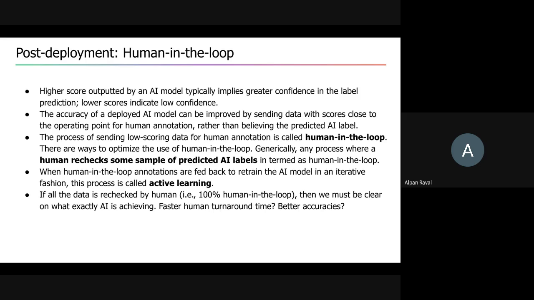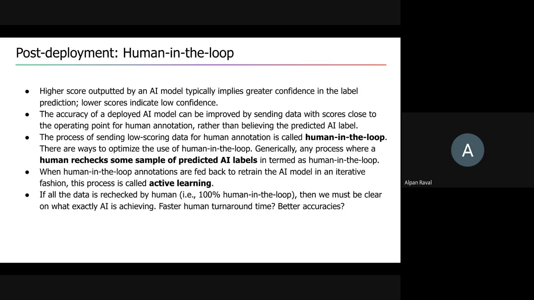So the AI is not ceding all authority to humans. If it were to cede all authority, then you wouldn't need the AI model. But at the same time, the human has some control over the AI, and therefore the human plus AI as a unit has improved accuracy over the original AI system. Right. So this process of sending low scoring data for human annotation is called human in the loop.